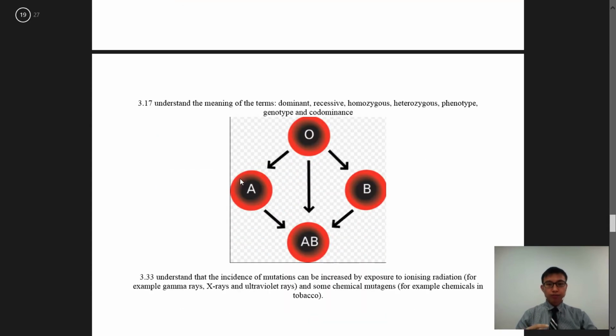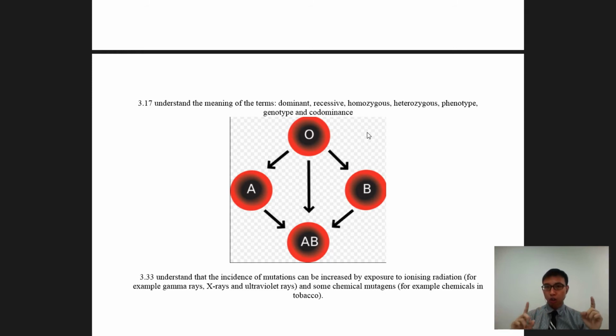Then moving on. Now here let's do a bit of revision about genetics. Several terms: dominant, recessive, homozygous, heterozygous. The triple science point is actually focused on codominance right here. So I'm going to use blood groups as my example. Now, a dominant allele is going to be expressed regardless of what it is paired with.